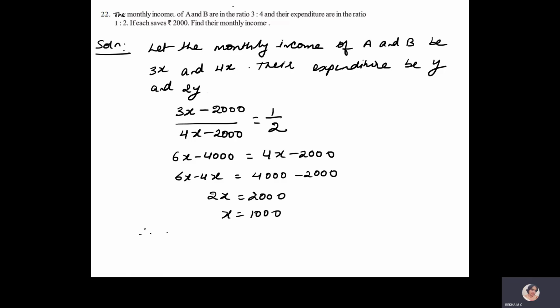So therefore monthly income of A is equal to rupees, that is 3x, 3 into 1000, 3000. Same way, monthly income of B is equal to rupees, that is 4x, that is 4 into 1000, 4000.